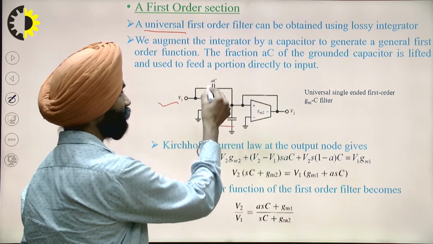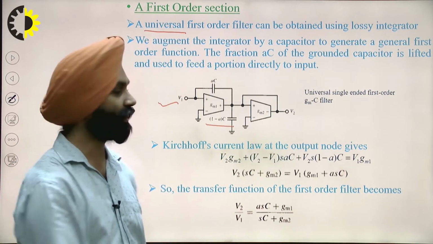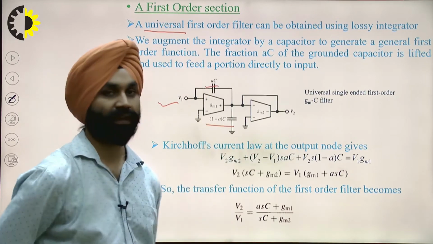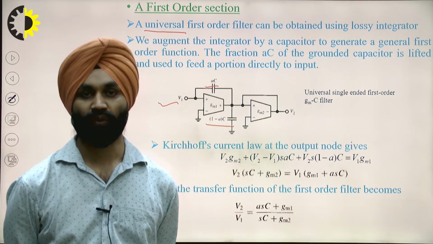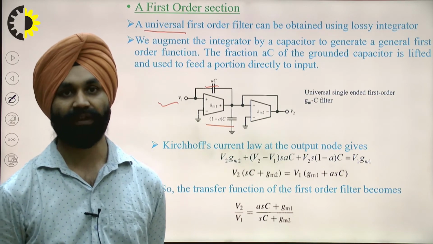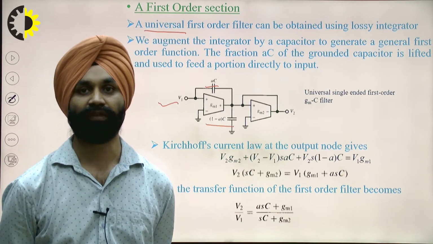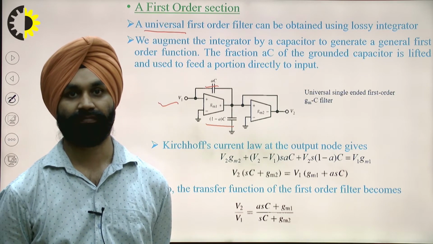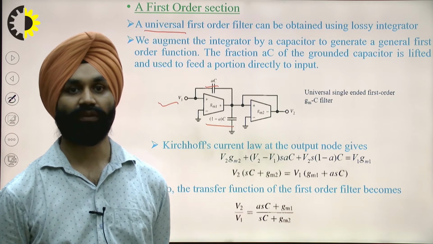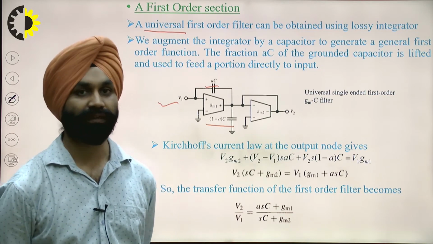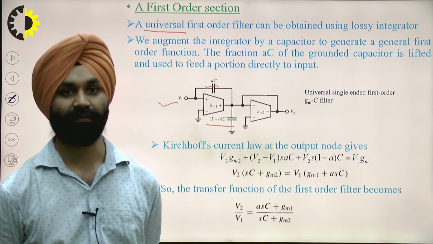One is (1 minus A) into C, and the other is AC. So we can control the capacitance value by the value of C. This way we can control the capacitance value, G and C value.